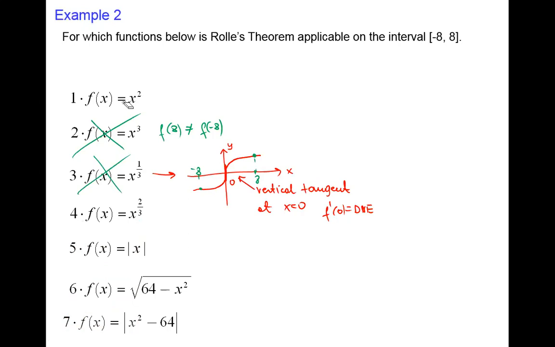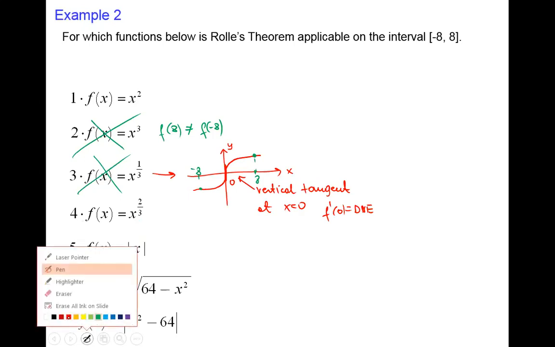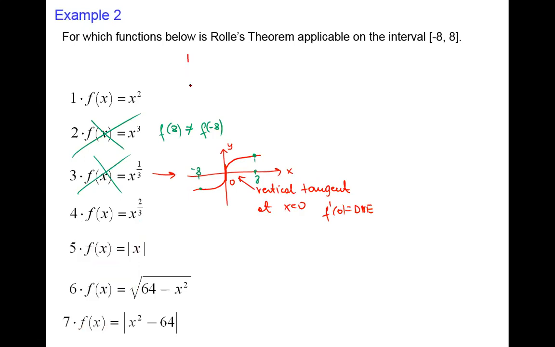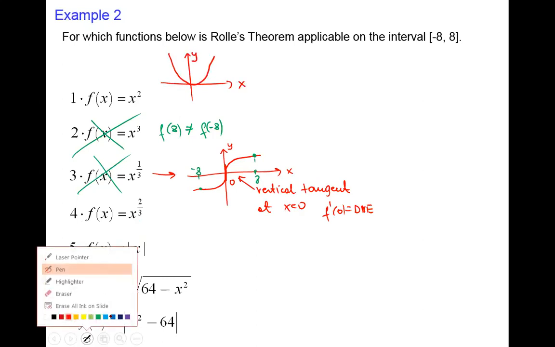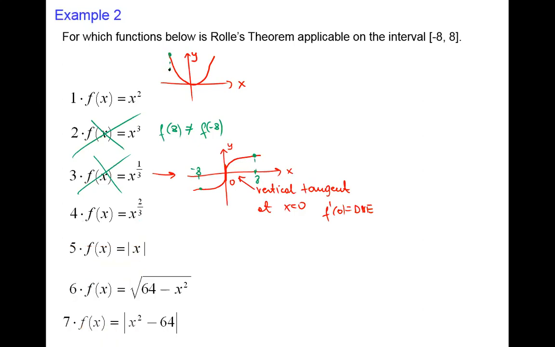Okay, what do you think about x squared? Does x squared satisfy all of these conditions? Continuity, differentiable, and the value at 8 the same as the value for negative 8. Do you think? Yes, of course, a nice and smooth function. x squared looks like that. And can you tell me what's the value of the c number?